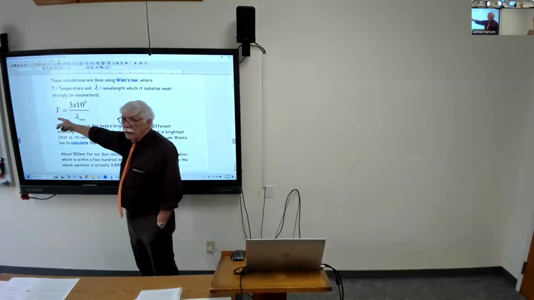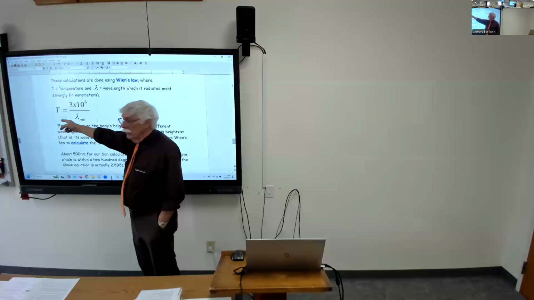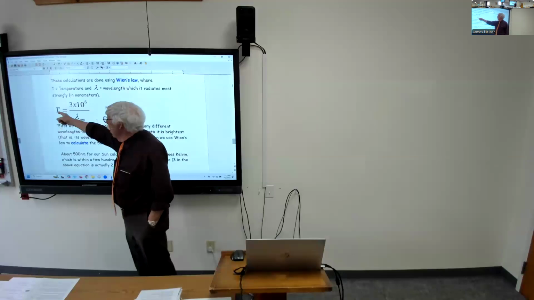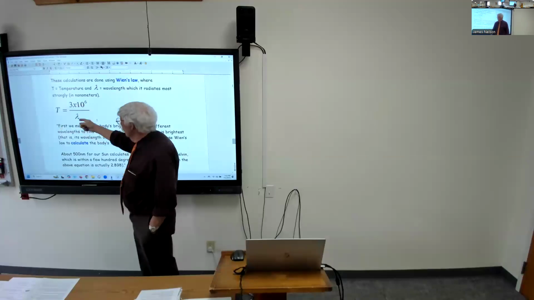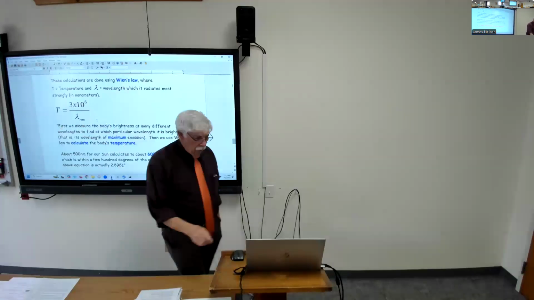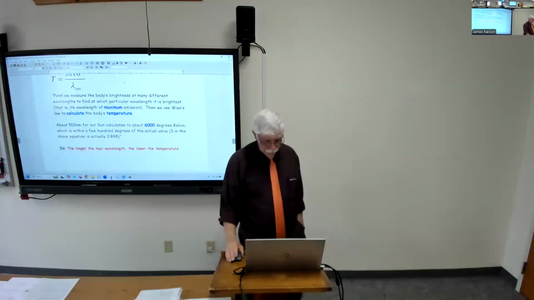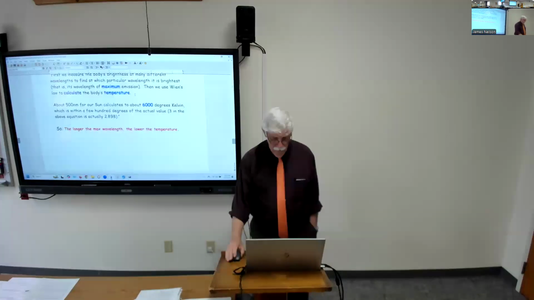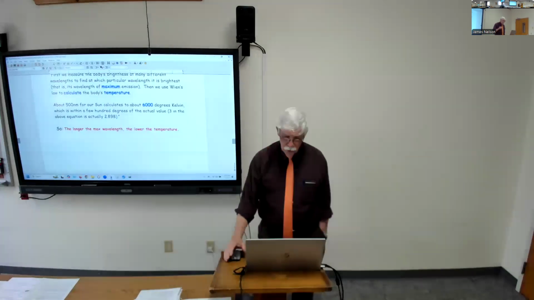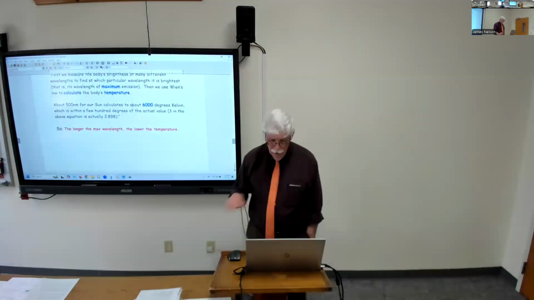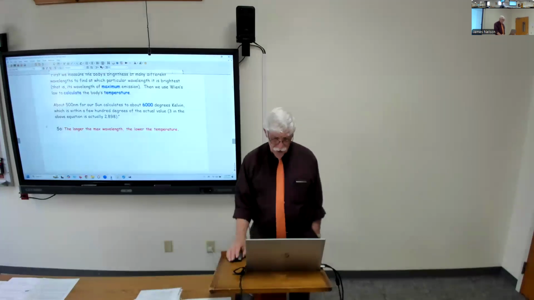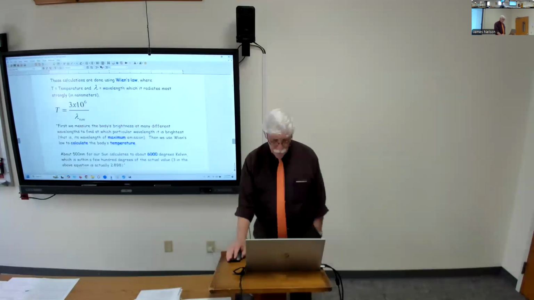Dividing 700 into this number gives you a smaller temperature than 500 into this number, which would give you a larger one. If you use 500, for our sun it calculates to about 6,000 degrees Kelvin. That's the surface. I've used a value of 3 here, but it's actually 2.898.